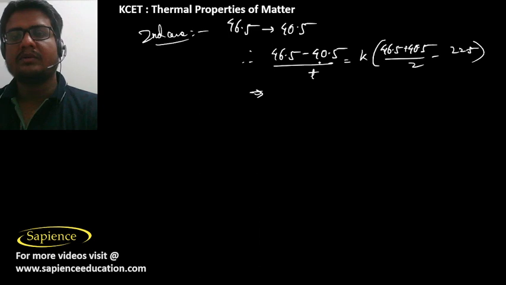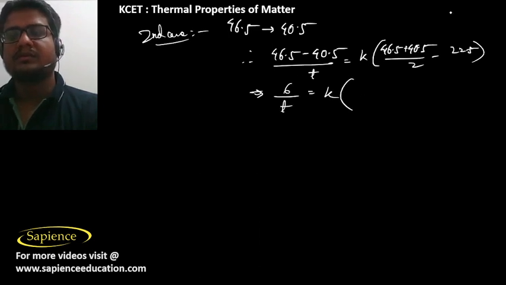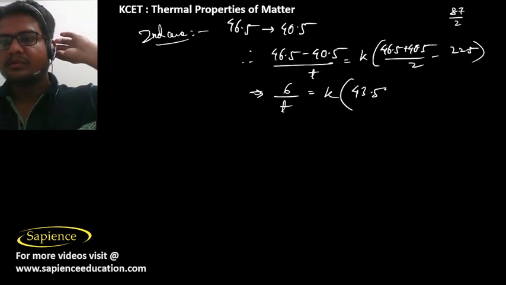So this will be 6 by t equal to k into, this is 87 by 2, that is 43.5.